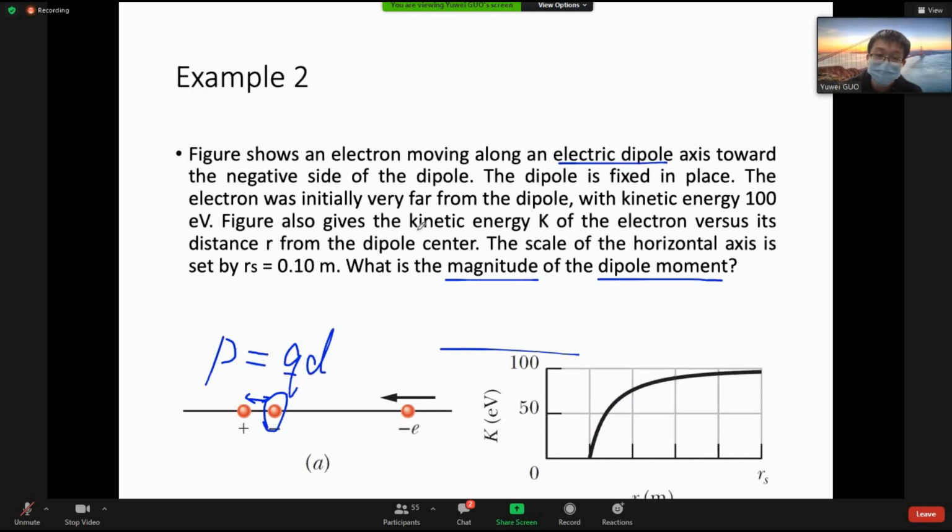And for the kinetic energy, the initial kinetic energy is 100 eV. Because the total distance is 0.1 meter, when it arrived at about 0.02 meter, all the kinetic energy has been exhausted.